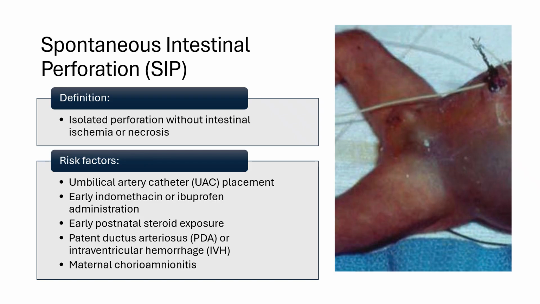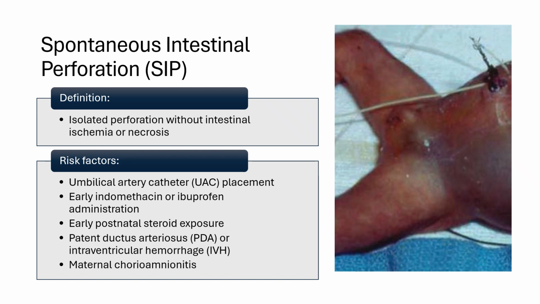Unlike NEC, which involves intestinal ischemia and necrosis, spontaneous intestinal perforation occurs as an isolated perforation without the inflammatory process that characterizes necrotizing enterocolitis. The perforation develops from focal weakness in the intestinal wall rather than from the multifactorial inflammatory cascade seen in NEC.